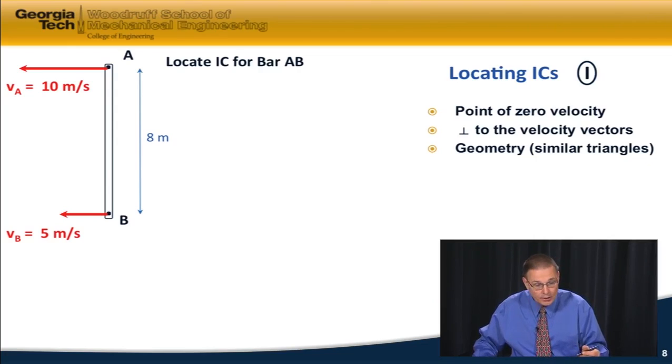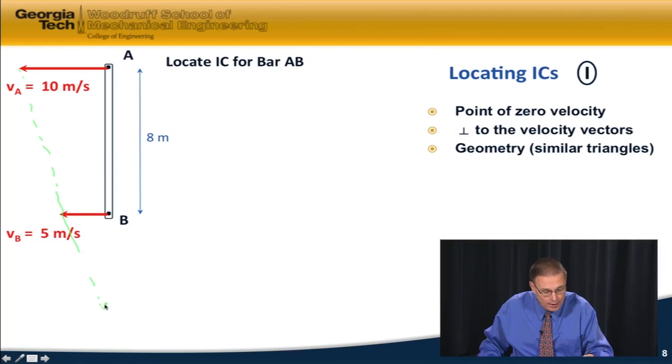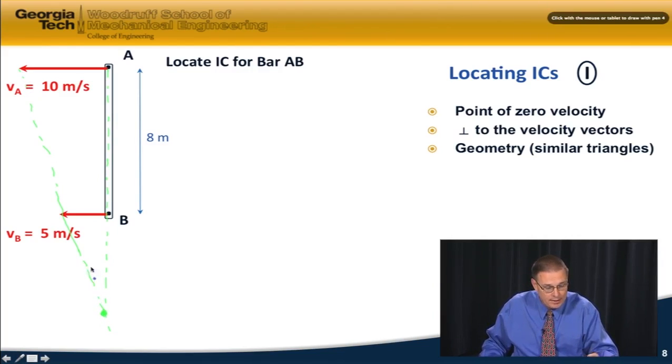In this case, I'm going to drop a line along the velocity vectors. This should be a straight line, and I know that the IC should be perpendicular to these velocity vectors. What I find by similar triangles is that the IC is going to be 8 meters below point B, though I'm not drawing this very well to scale.